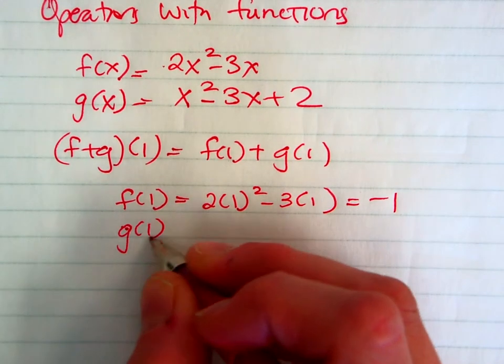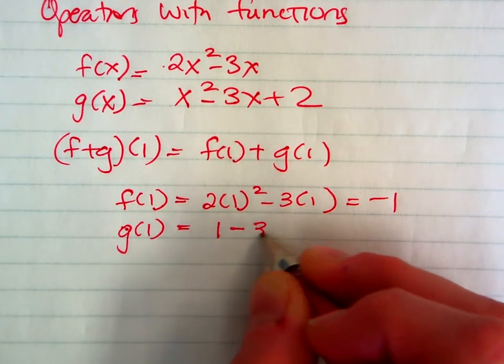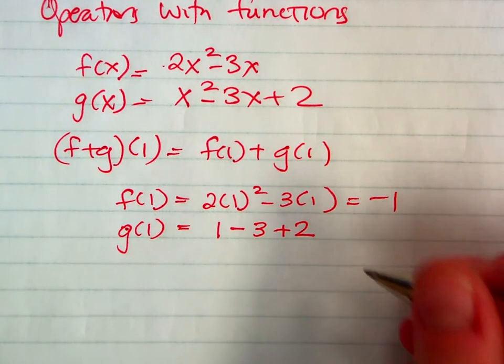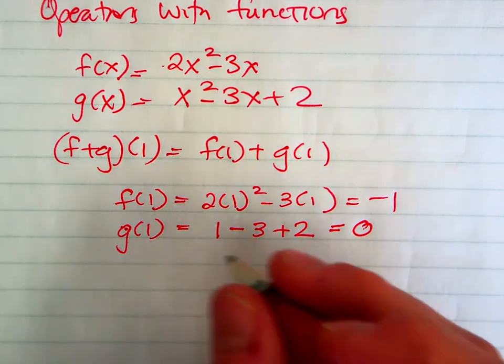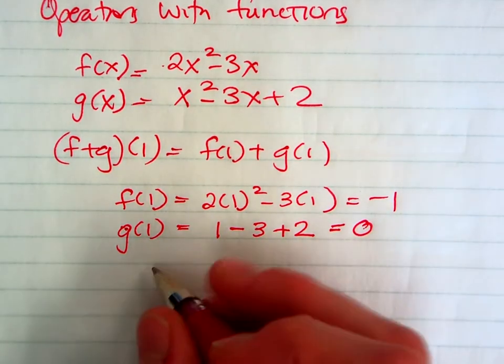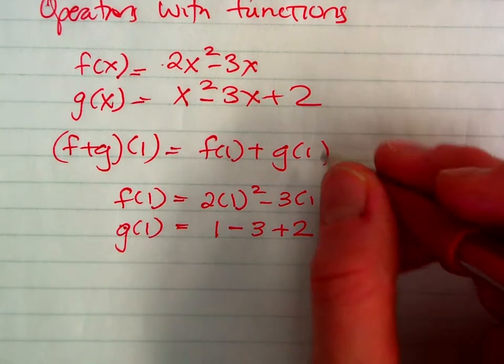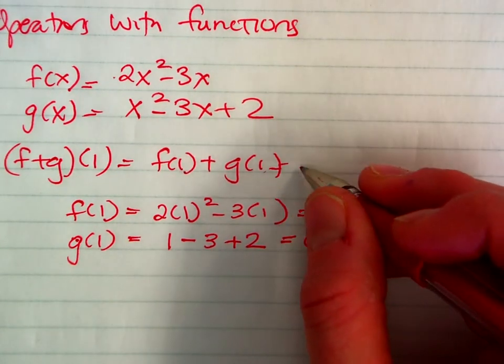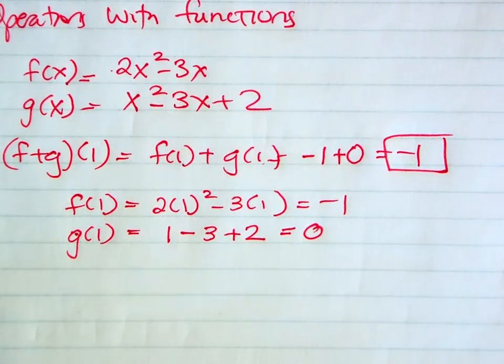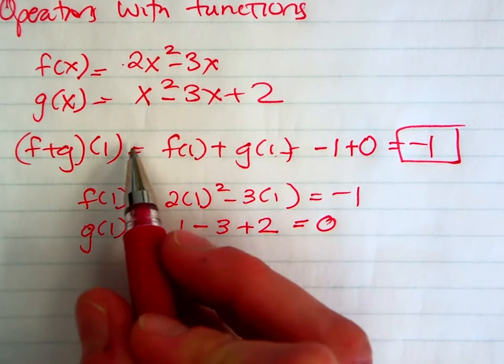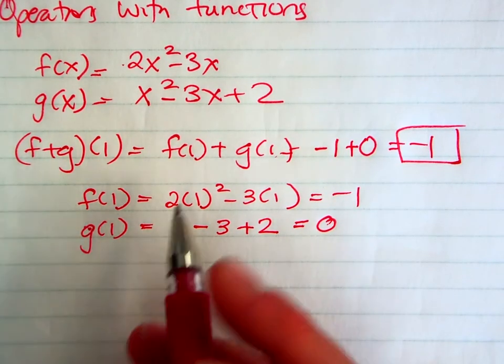G of 1 is 1 minus 3 plus 2, which is 0. So therefore f plus g of 1 is negative 1 plus 0, which is negative 1. So that can be for any value, and it can be for any operation: subtraction, division, multiplication.